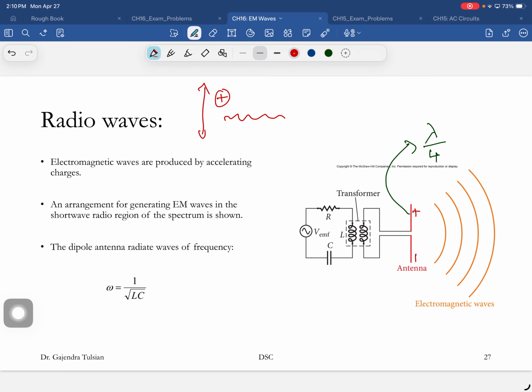When somebody's singing, what is the frequency of sound you produce? About 500 hertz. And the carrier waves are megahertz, 1,000,000 times greater. So the carrier wave frequencies are 1,000,000 times greater than the signal waves. So that's how you do it.